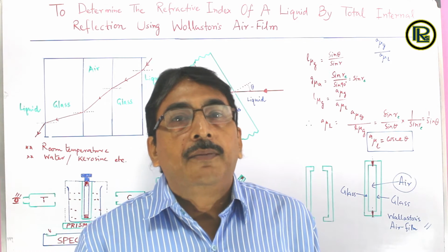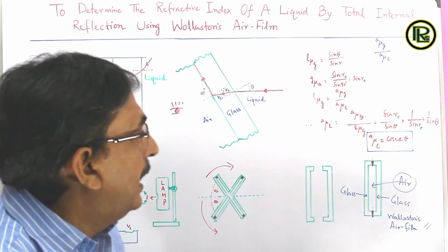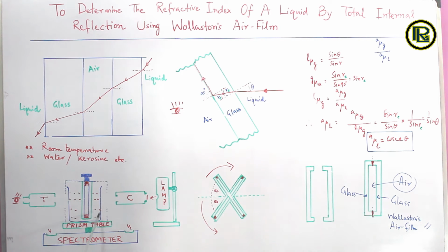For that we normally lock the prism table and rotate the prism, putting it on top of the prism table, and with the help of these two verniers we take the reading of the rotation angle. But in this case, we have to unlock the prism table from the rest of the spectrometer.